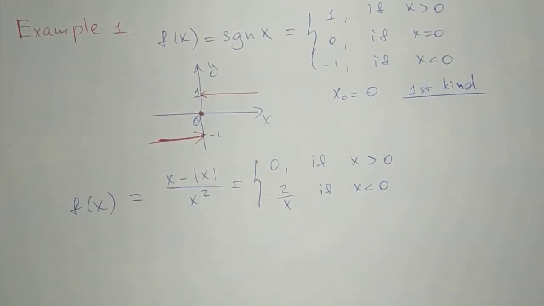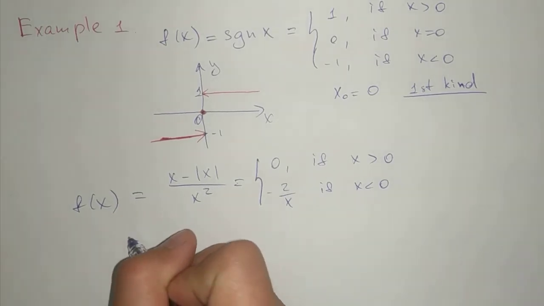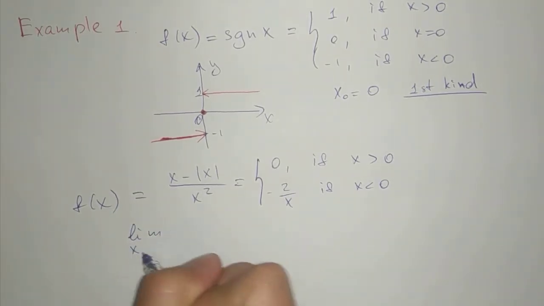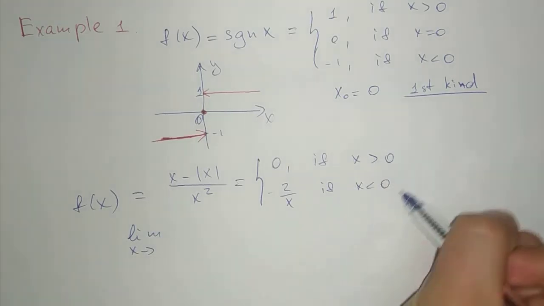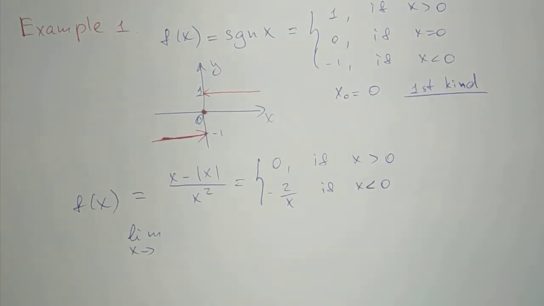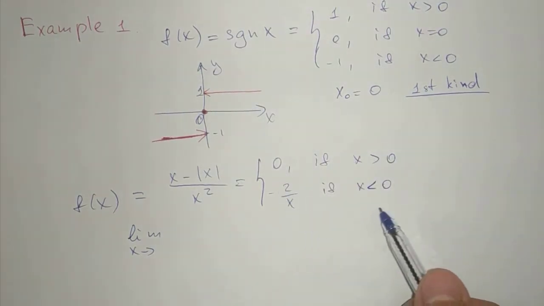So now let's calculate the one-sided limits. As x tends to the point 0, of course. Here we will check at the point x0 because this is the linking point.